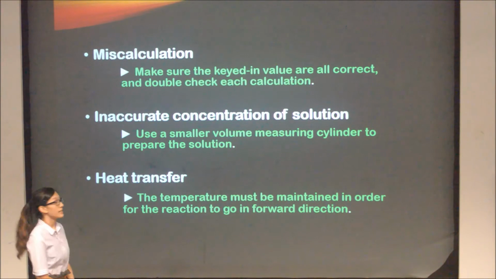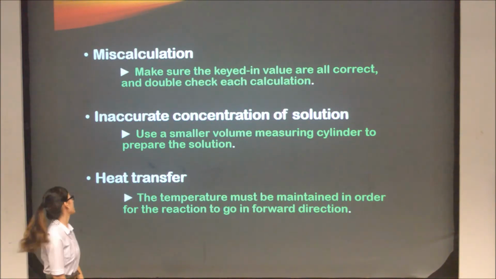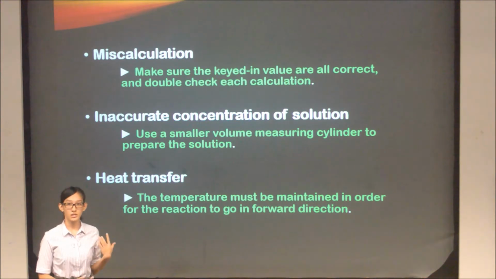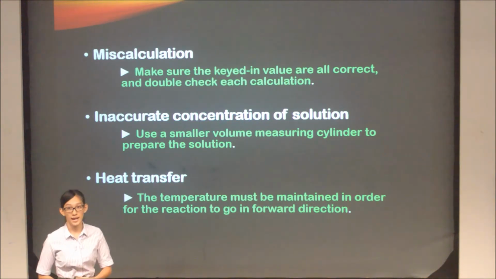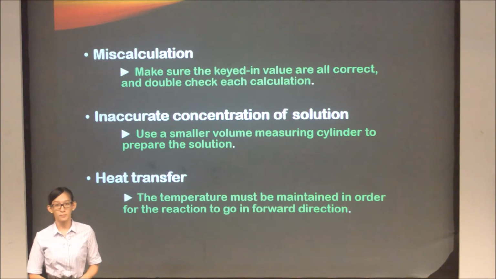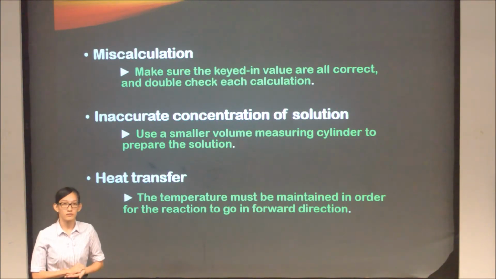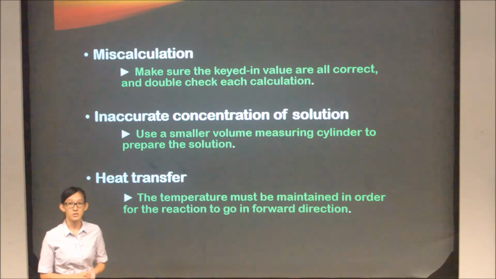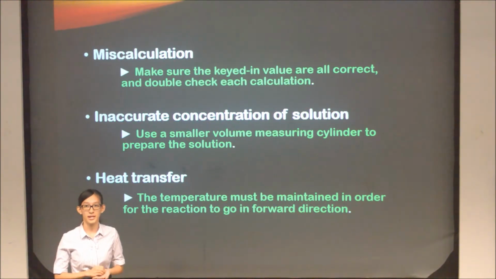Next, the second error we face is inaccurate concentration of the solution. The concentration of sodium hydroxide and ethyl acetate is not well prepared because it requires a large volume of solution, and this will affect the concentration as we use a big measuring apparatus.